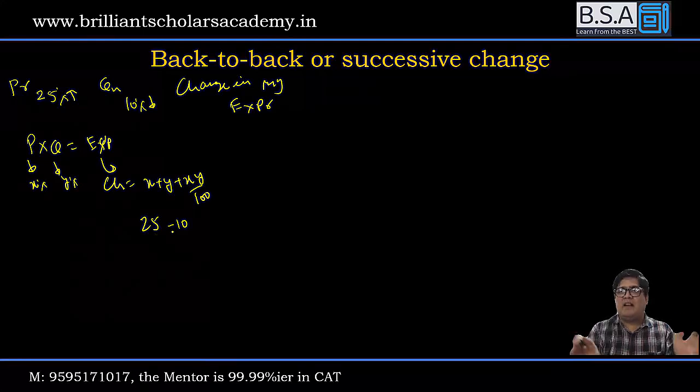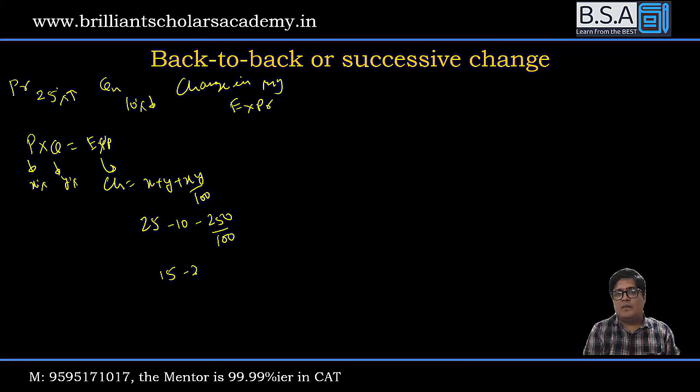One positive and one negative multiplied. Multiply 25 and 10, 250, minus, upon 100. 25 minus 10, 15. What is this? Minus 2.5. So 12.5. Is it positive or negative? Positive.